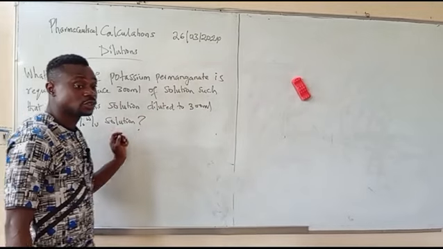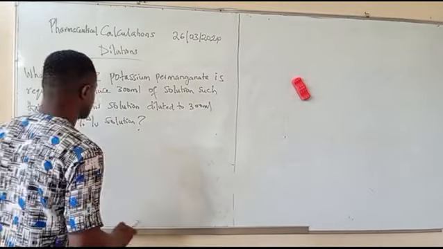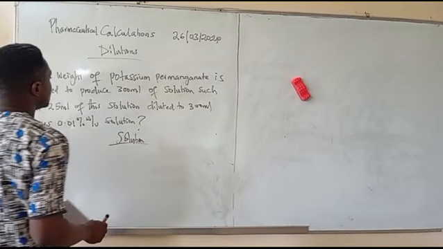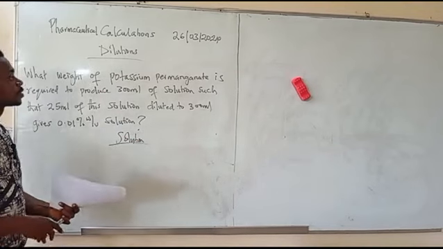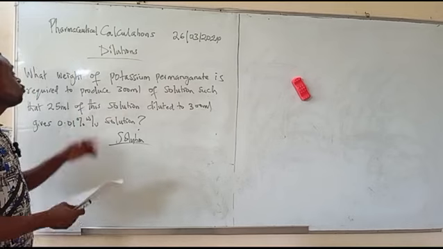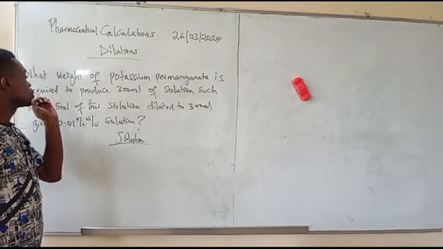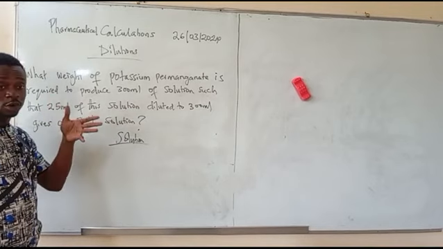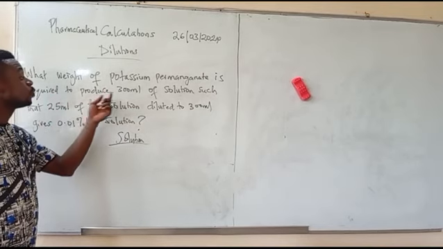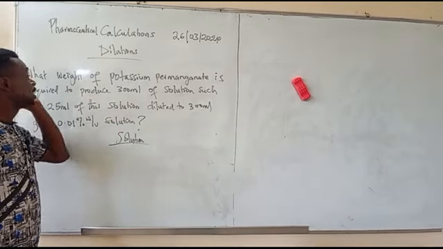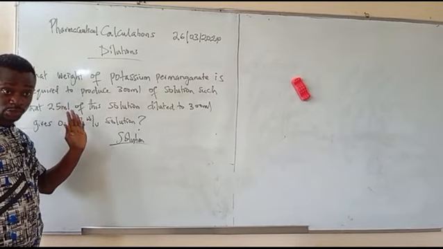And the final solution was 300 ml. Now, from that solution, 25 ml was taken, and that 25 ml was further diluted to produce 300 ml solution. And that is the concentration of 0.01% weight in volume.